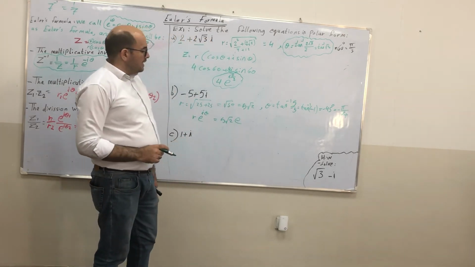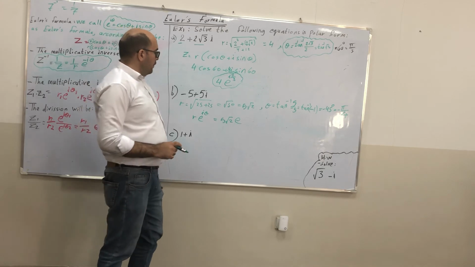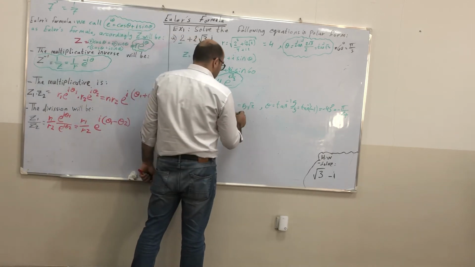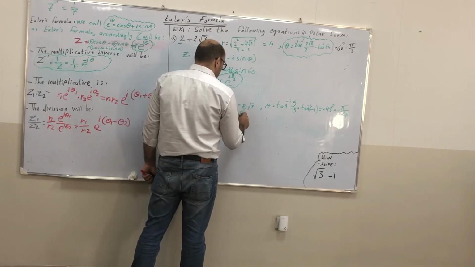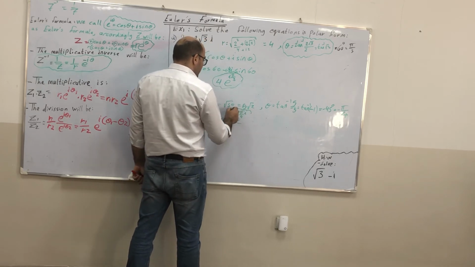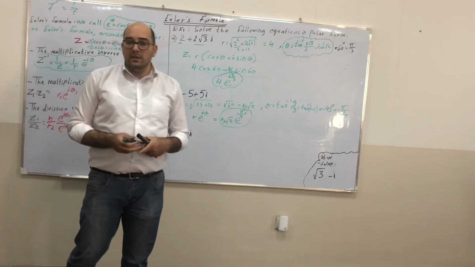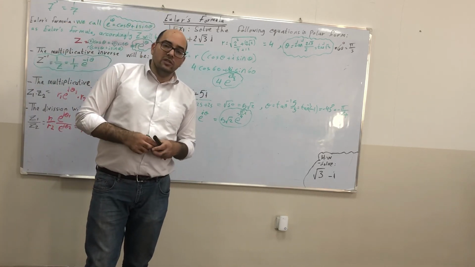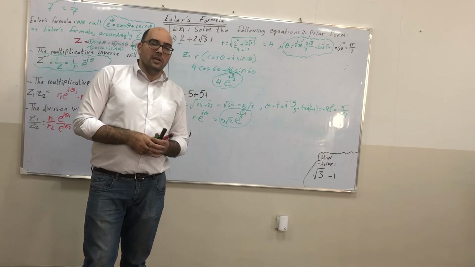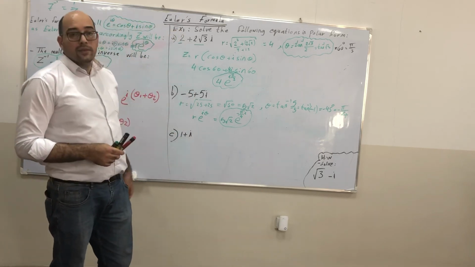It's the exponential of I theta. How much is it? Minus pi over 4 times I. So this is the final result in the polar system. I'm solving the complex equations using Euler form.